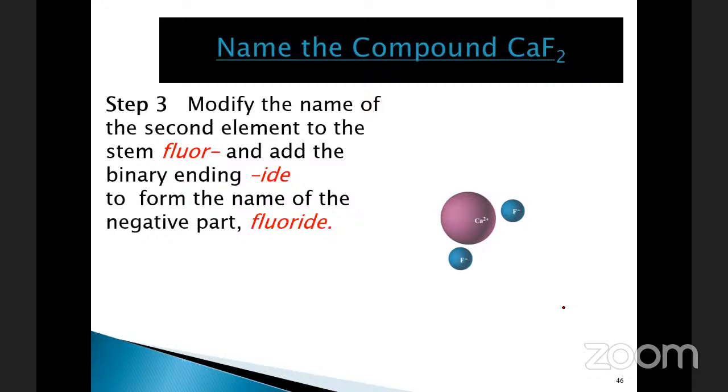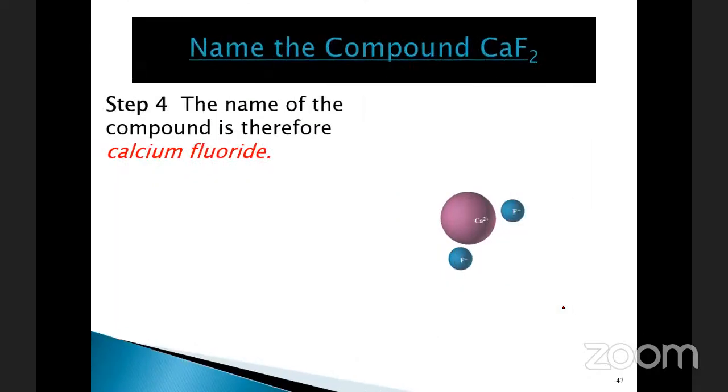We have to use the first part of the name, the fluor, and then we end it with IDE. So the second part of the name of the compound would be fluoride. Then all you have to do is put them together, and therefore the name of this compound is calcium fluoride. So it's pretty simple and straightforward when it comes to naming the compound based on the formula.